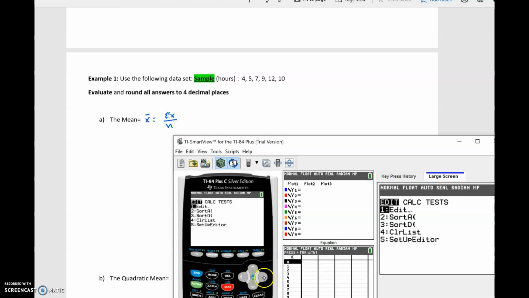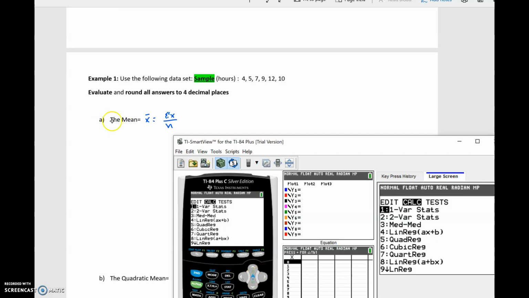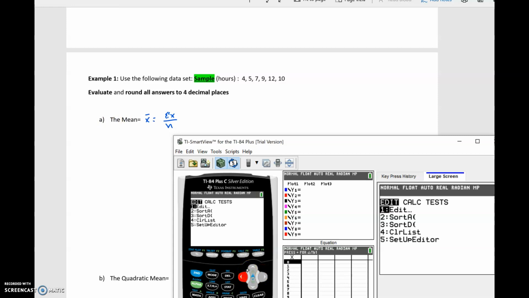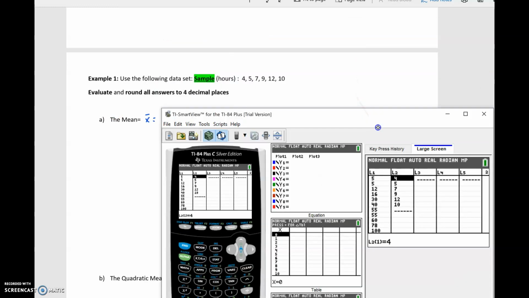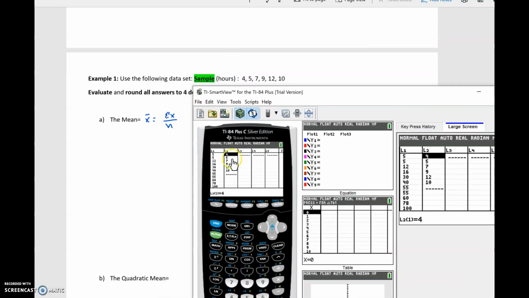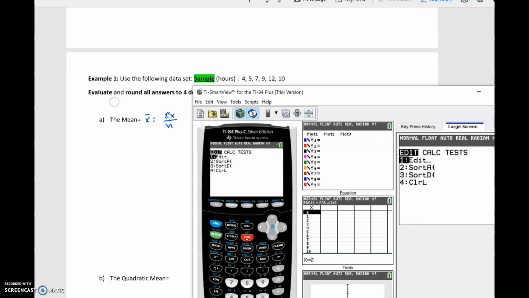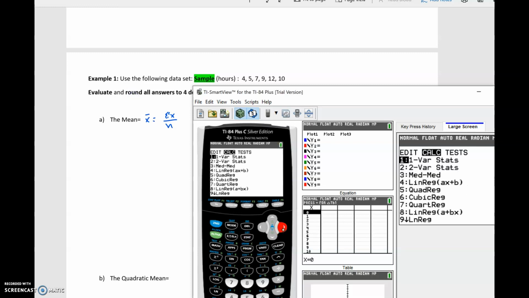So let's go to the data set and enter it. I have it as data set number 2. I have 4, 5, 7, 9, 12, and the value of 10. Okay, so for this one, just write me a one variable stats.